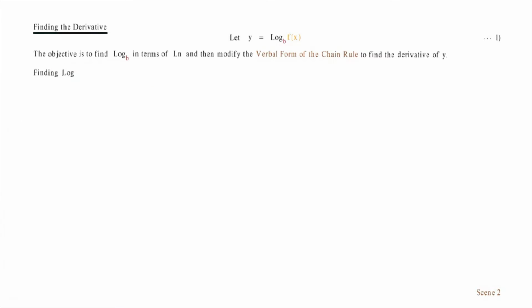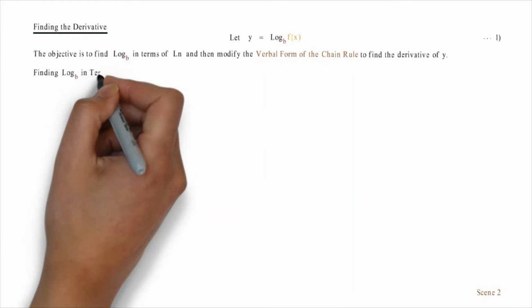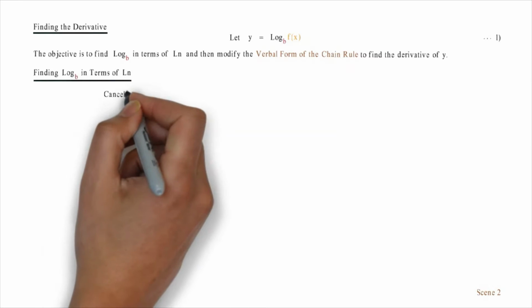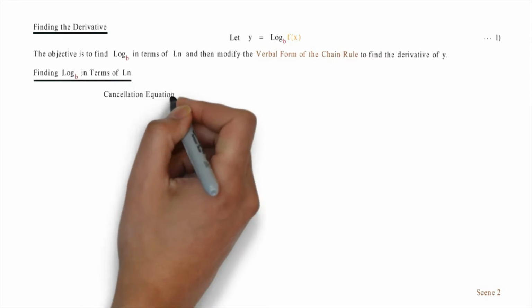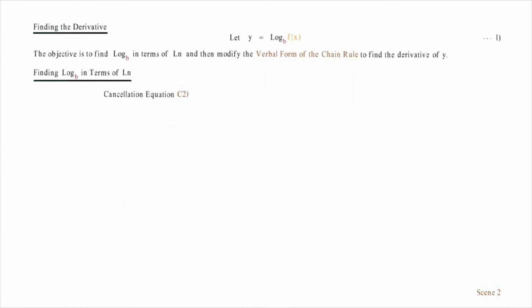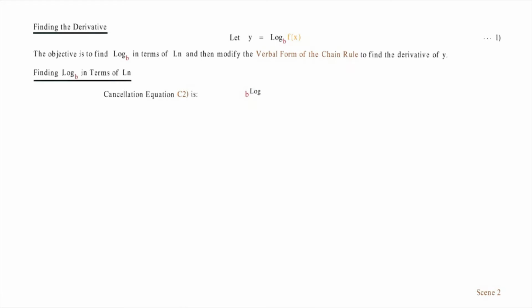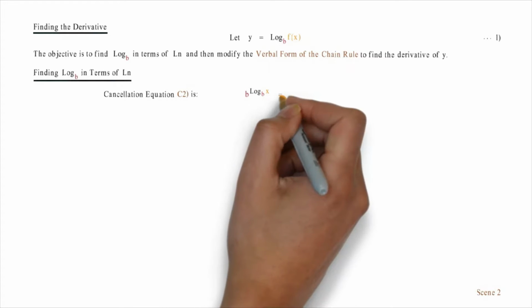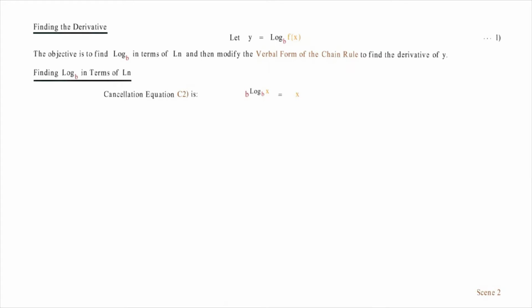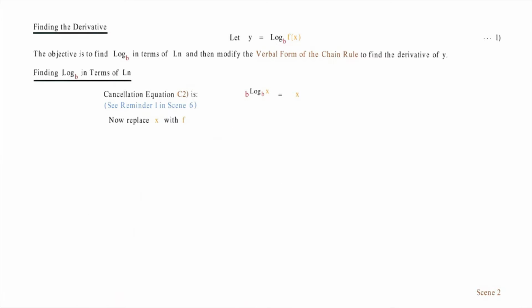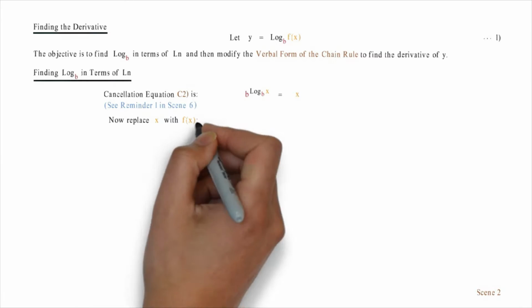Finding log base b in terms of ln. Cancellation equation C2 is b to the log base b of x equals x. Now replace x with f of x.